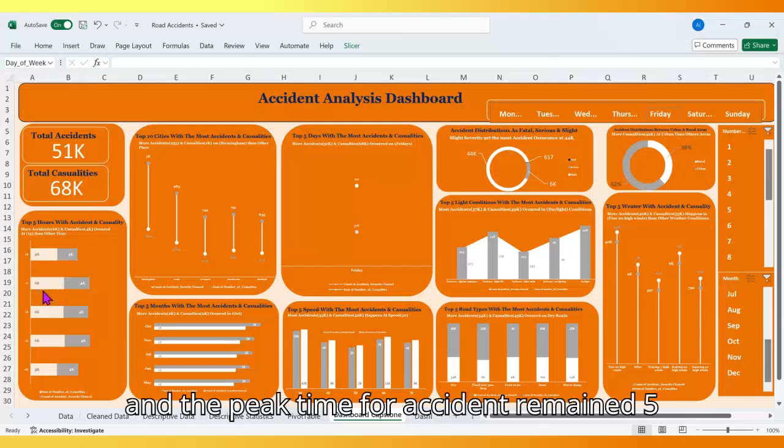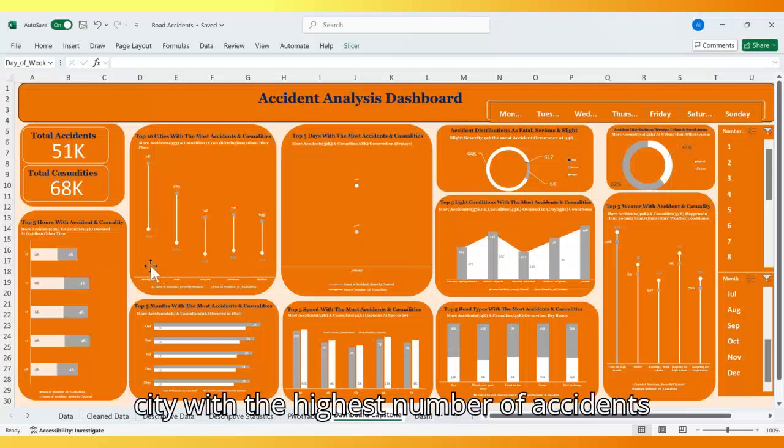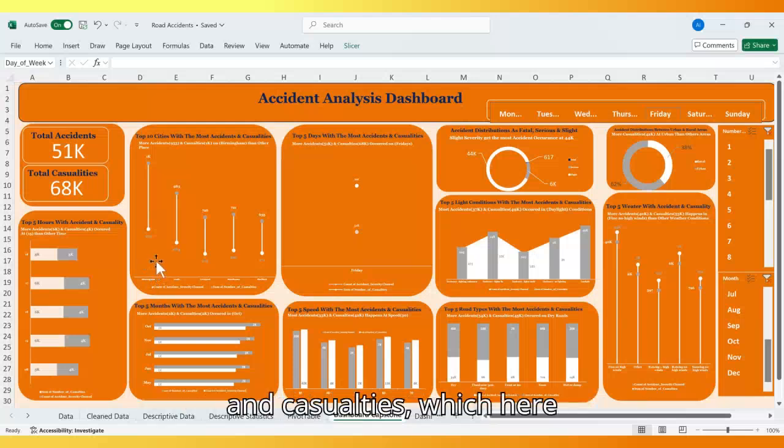The peak time for accidents remained 5 p.m. This time around, October has the highest number of accidents and casualties, and Birmingham is the city with the highest number of accidents and casualties. Here, we have fine weather with still more accidents and casualties. Feel free to drill down to see more insight from this data.